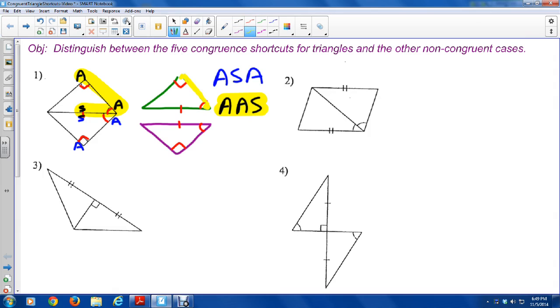Is that the one with the tick mark? And the answer is no. If it was angle, side, angle, it would have to be angle, side, angle right in a row there. Okay, and essentially my tick mark would have to be right there, which it's not. So this one we're going to say no to angle, side, angle, yes to angle, angle, side.